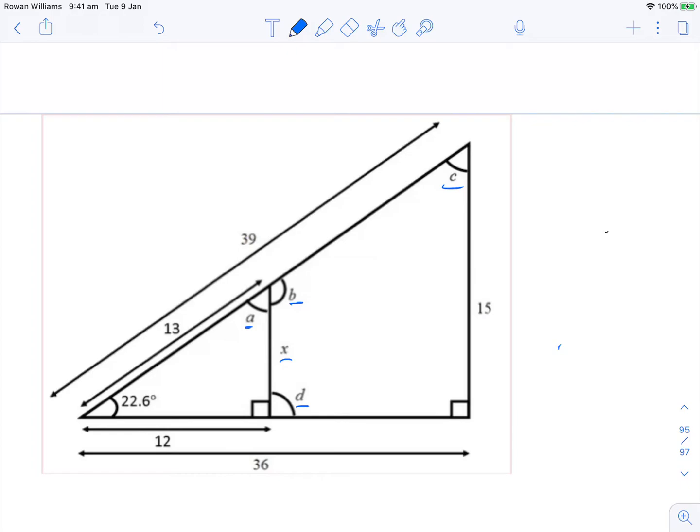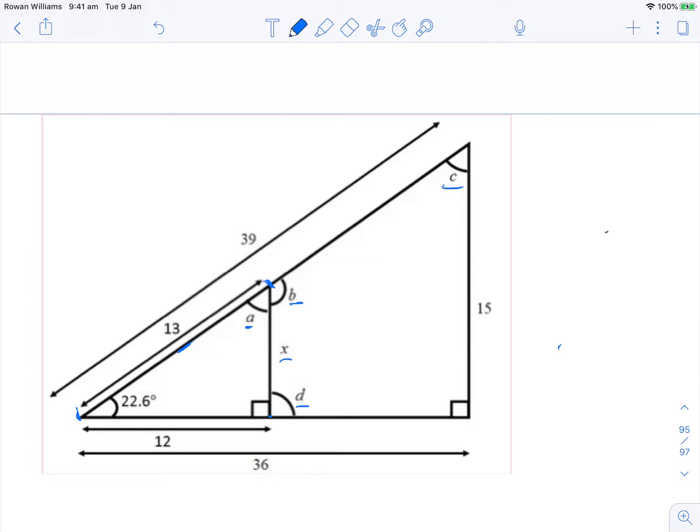And basically we're going to use two facts that we know. If these triangles are similar, then the ratio of the side lengths are going to be equal.